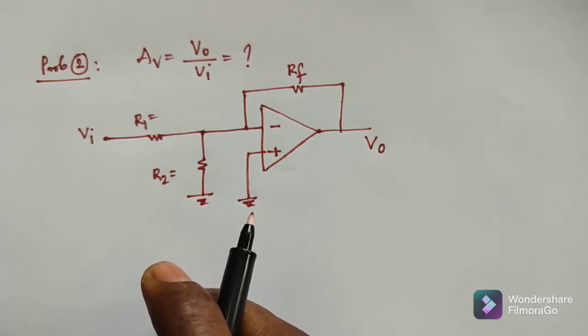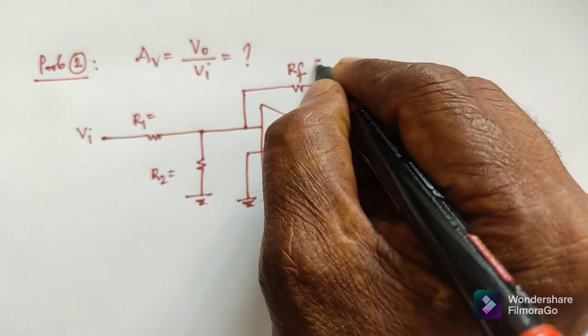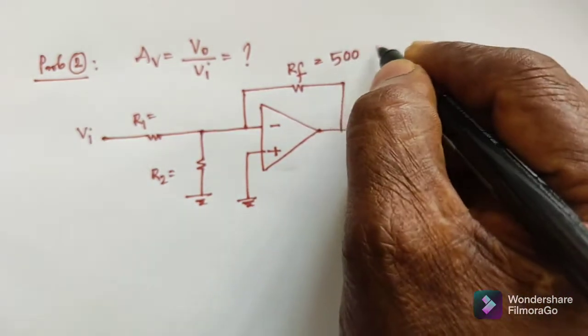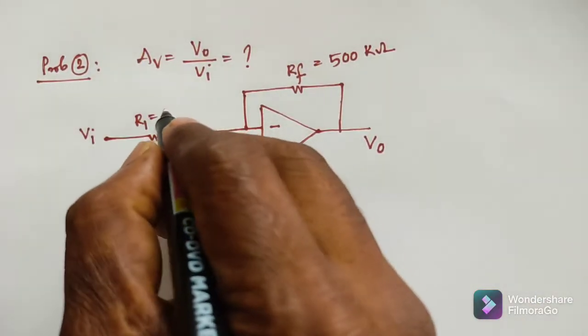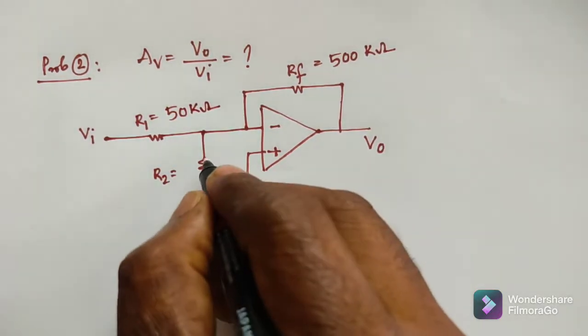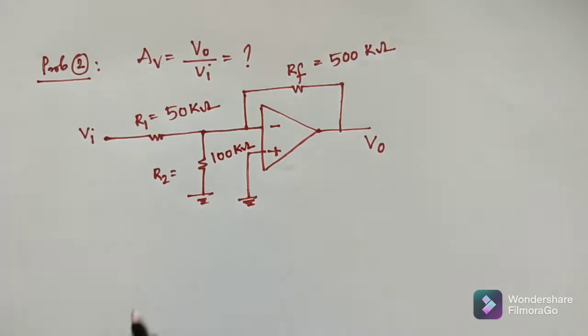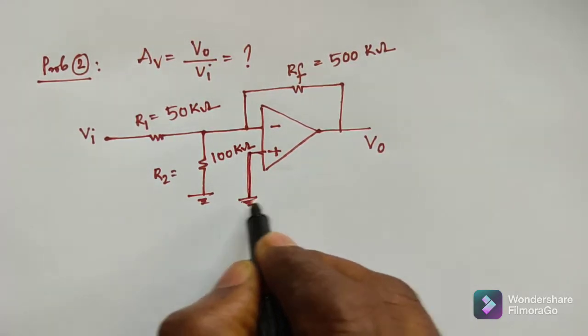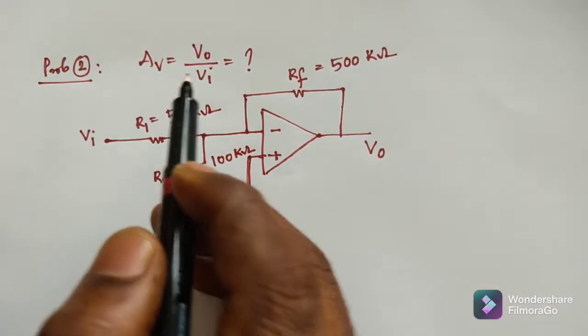In this problem, the feedback resistor value is 500 kilo ohms, R1 is 50 kilo ohms, and R2 value is 100 kilo ohms, connected to the positive terminal. So how can you calculate the V0 by Vi value?